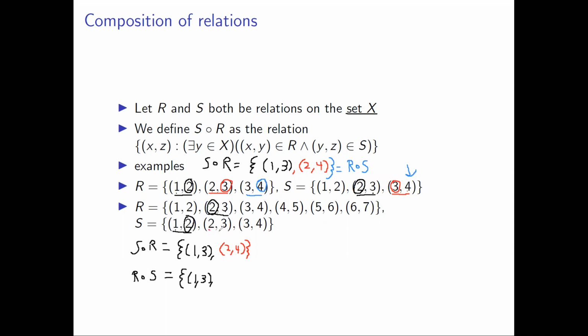Now we'll go on to this ordered pair, the 2, 3. I'll circle that 3, the second term of it. I have to look for that 3 as a first term in R. Here it is. There's the 3. And then I take the 2, the first term, with that 3 as the second term in S, and I put that 2 with the 4, which is the second term when the 3 was the first term in R. So I get 2, 4 right here.